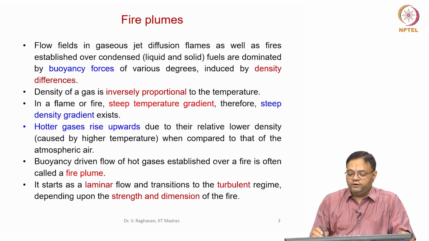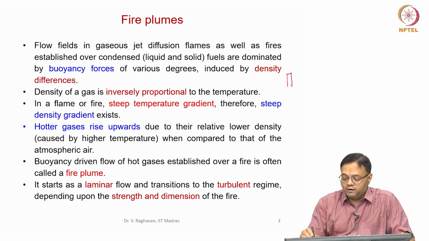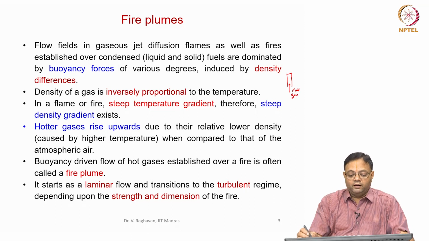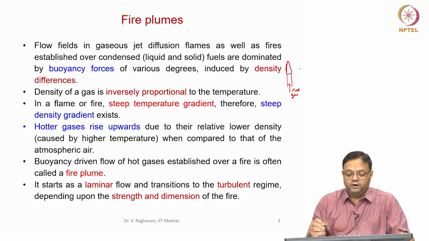Now let us consider a jet diffusion flame from a gaseous fuel. So for example, there is a burner or a simple pipe through which a gaseous fuel is supplied. Now we know that upon ignition a diffusion flame is formed over this particular burner.